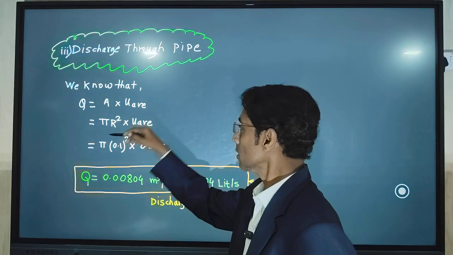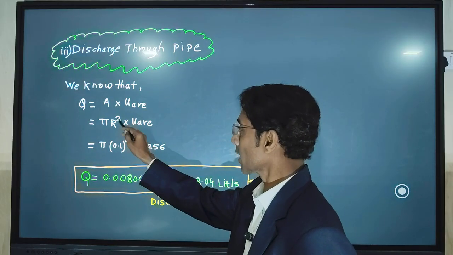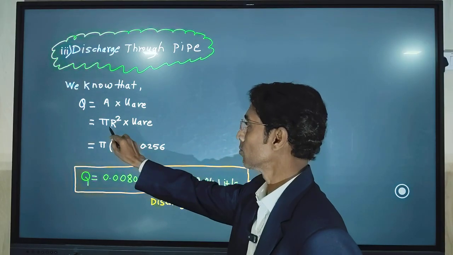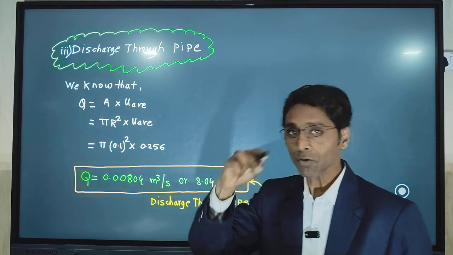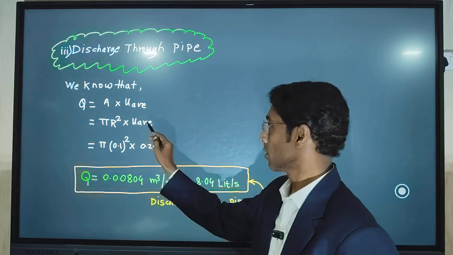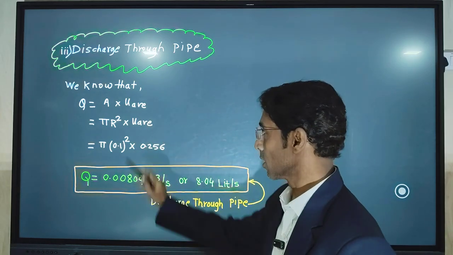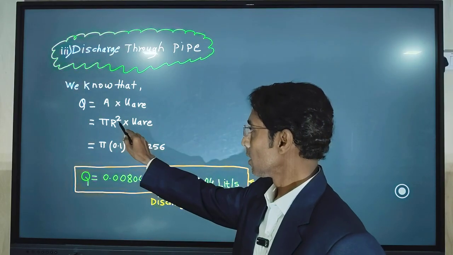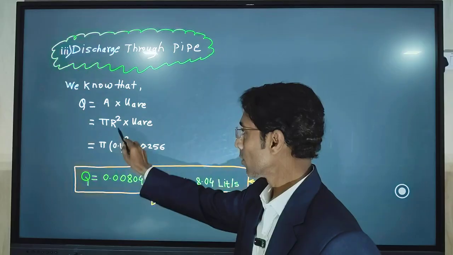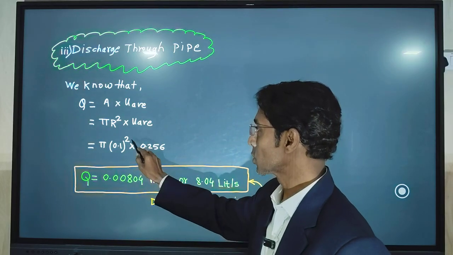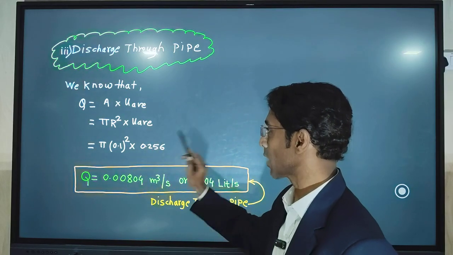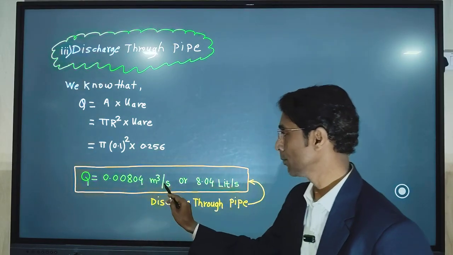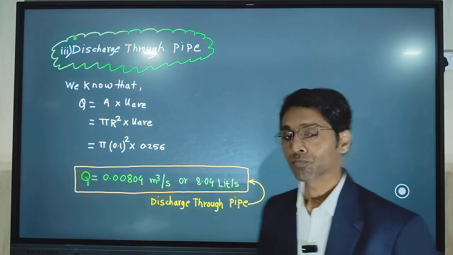As in the data we know the radius, that is why we use the area in radius form, meaning pi r square for circular pipe cross section multiplied by average velocity. Putting the values from the data and calculation, pi, value of r square, value of u average calculated. After this calculation, we find the discharge in meter cube per second.